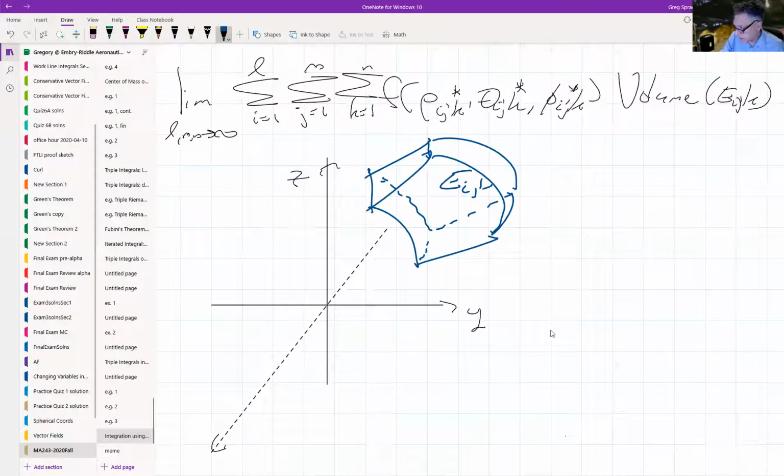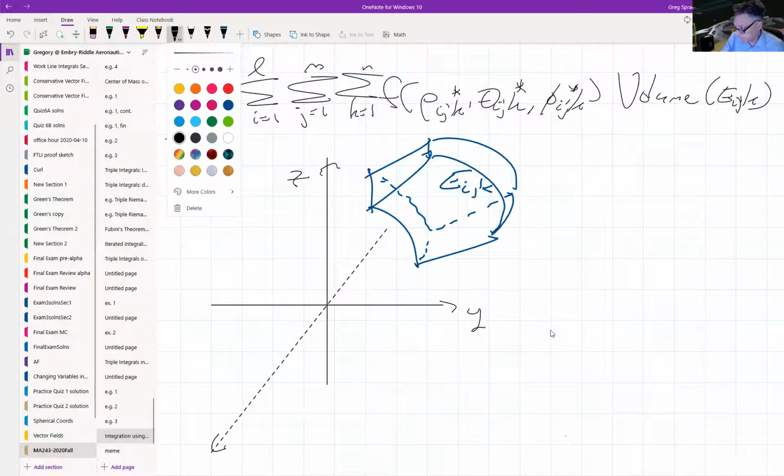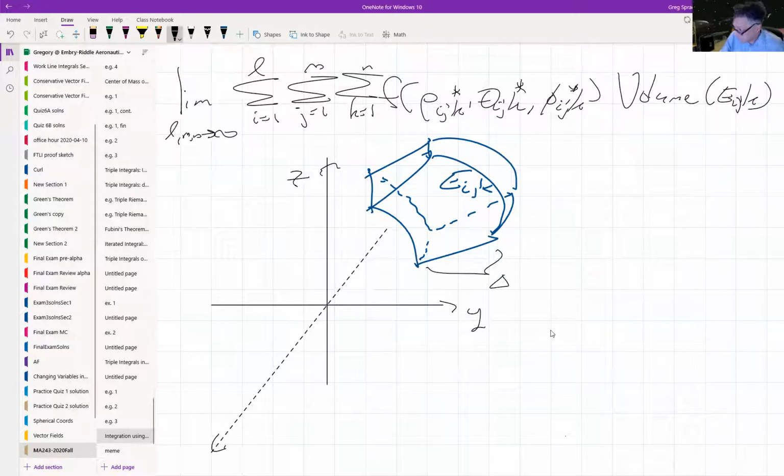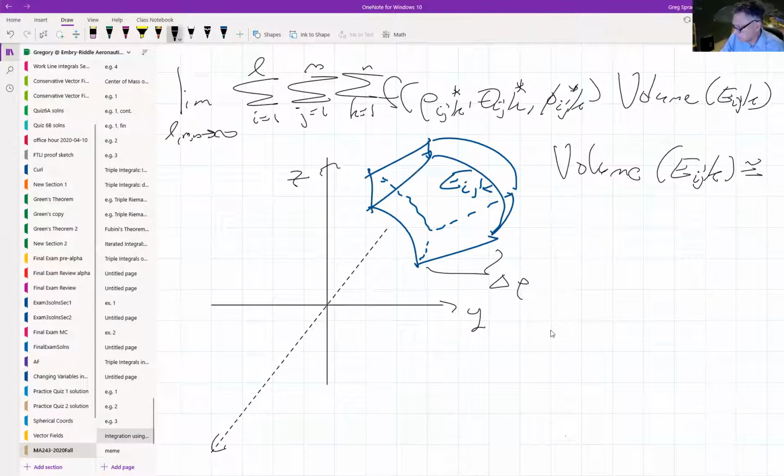What EIJK. Now, if the deltas are small, then this is approximately a box. So the volume is approximately the product of the three dimensions. Now, one dimension is exactly delta rho.